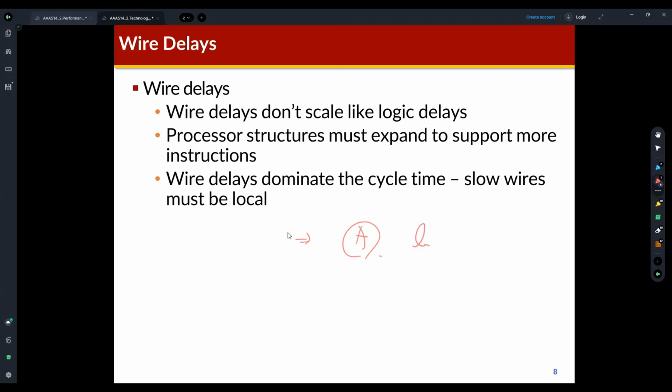We can use better transistors if we use smaller transistors, so it's faster and less power is consumed, but we cannot apply this scaling to the metal layer. So usually the delay of the metal layer is longer than the delay of the CMOS transistor. That's why, if the chip size is large, the delay of the wire, this metal layer, is critical for the performance.